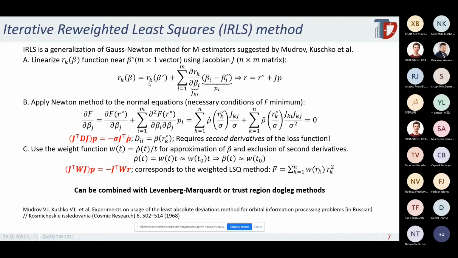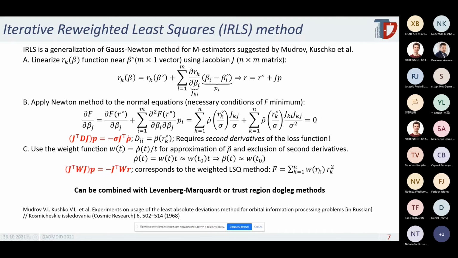We replace our residual functions with their linearized form based on the Jacobian matrix. And after it, we write the necessary conditions for the minimum of the objective function, equations with its derivatives, and try to solve them using the Newton method.